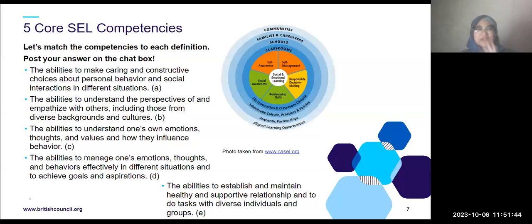Yeah, it's self-management. Okay, so I will wrap up. The core values here, there are 5: self-awareness, self-management, responsible decision-making, relationship skills.